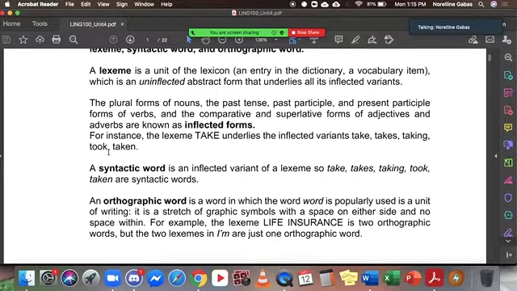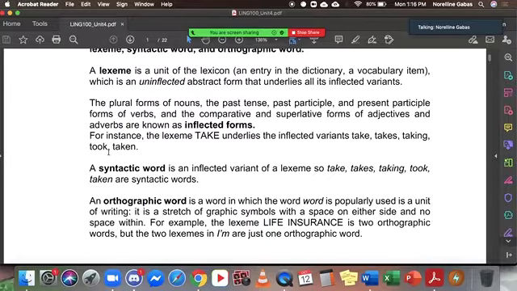Pag ginamit mo na siya doon, consider na siya as syntactic words. So, kanina, yung example ko, those are already syntactic words. Kaya lang, para maipakita ko yung function, yung inflection, I need to cite examples. Parang tinuhog ko na yung syntactic words and yung inflected words. Yung uninflected words, it's just there, plainly.